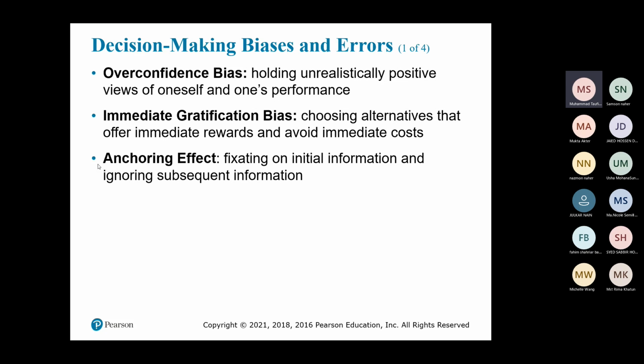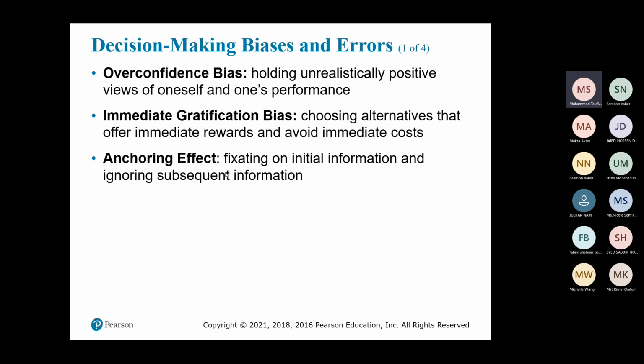And then the third mistake is the anchoring effect: fixing on initial information and ignoring subsequent information. In simple terms, it means you are facing one problem, so you collect some data from that, and then you want to make a decision.